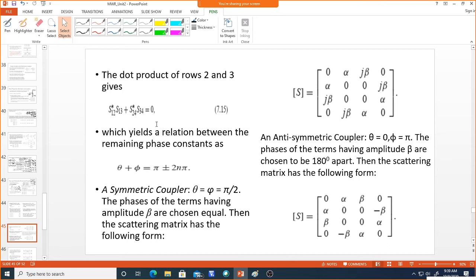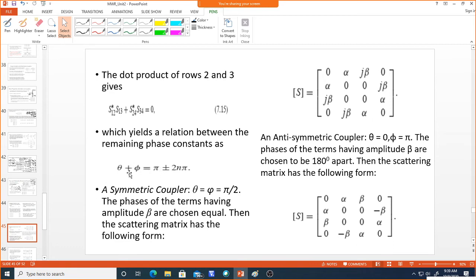which yields two conditions, that is theta and phi will be equal to pi plus multiples of 2 pi. Now if I take this one as 0, you will get theta plus phi equal to pi.